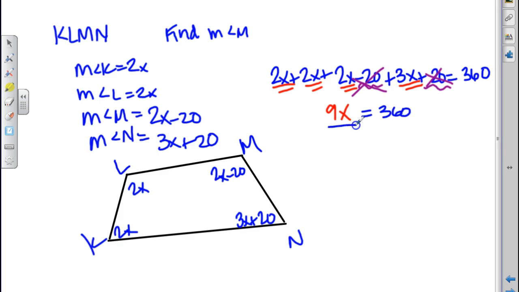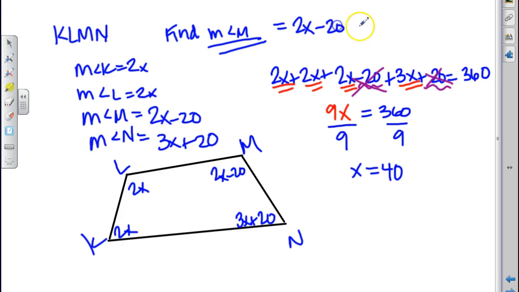All right, let's solve for x, so we'll divide by 9. So x equals 36 divided by 9 is 4, and then we have a 0 there. So x is 40. They want me to find angle M. Angle M was 2x minus 20. So I want 2 times x minus 20. 2 times 40 is 80, minus 20 is 60.